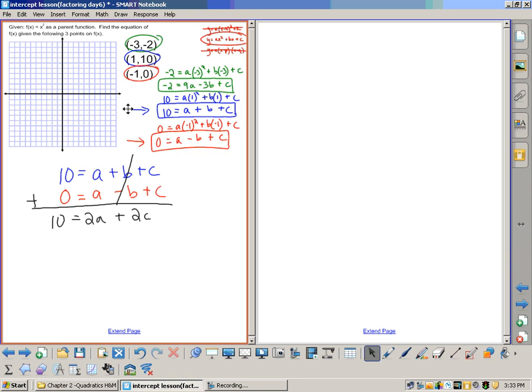Alright, I'm still left with 2 variables. So I want to take this blue equation and I should set it equal to this green equation now.